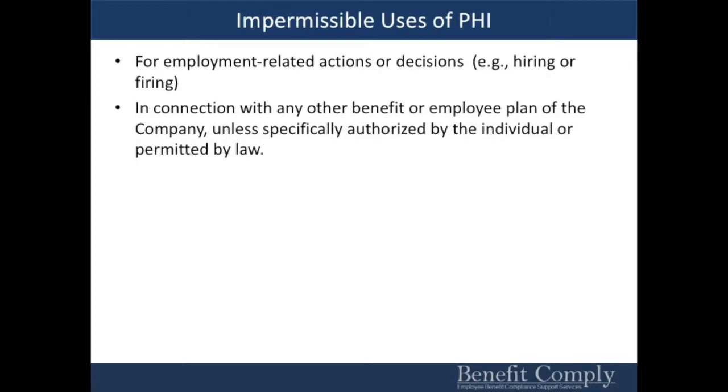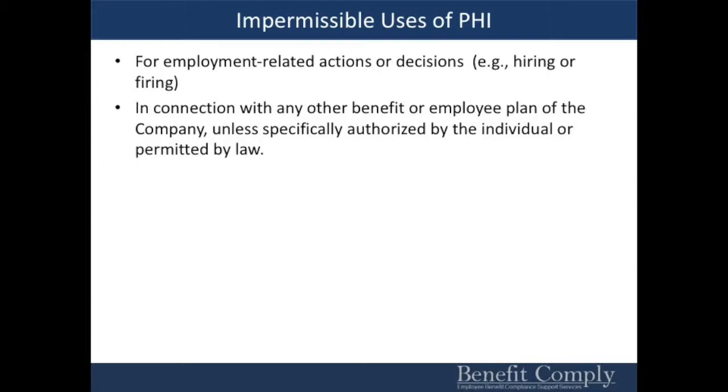For example, an employer couldn't pull claims information from its health plan records regarding an employee's substance abuse treatment, and then use that as a basis for firing that employee. This would be using PHI for a non-health plan related function. And without written permission from the individual, this type of use is not allowed.